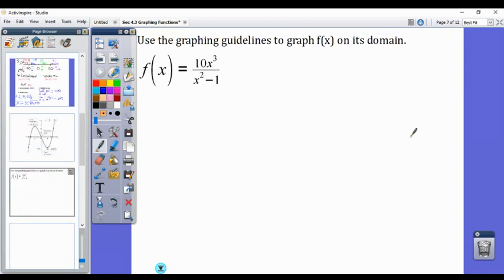Okay, so here's our next example. So the first thing that we're going to do is find our domain. In this case, I have a fraction, and since I have a fraction, I know that I'm going to have some restrictions on my domain because I can't divide by 0. So domain.